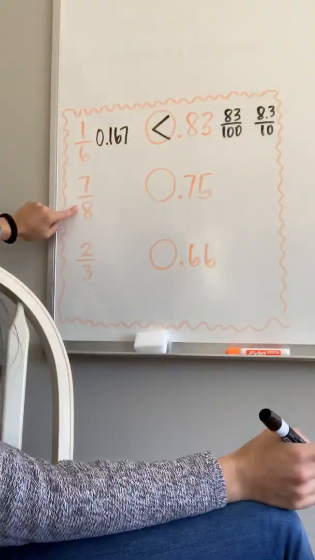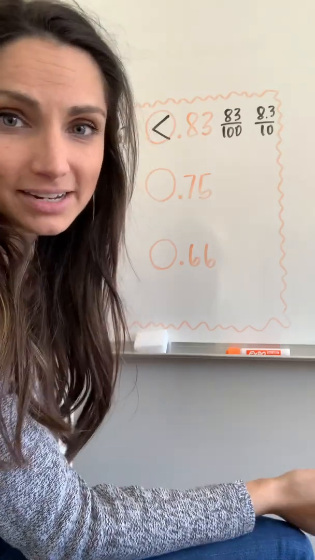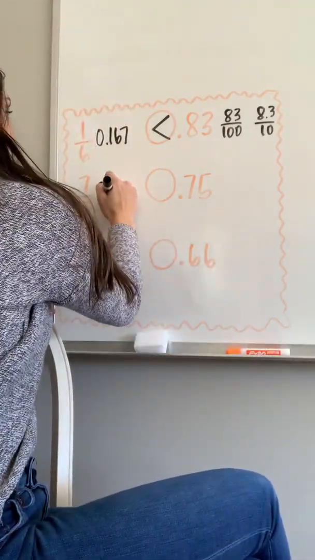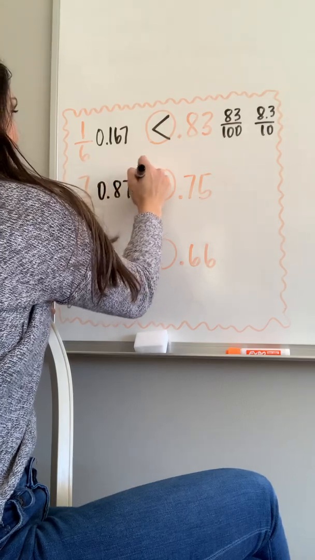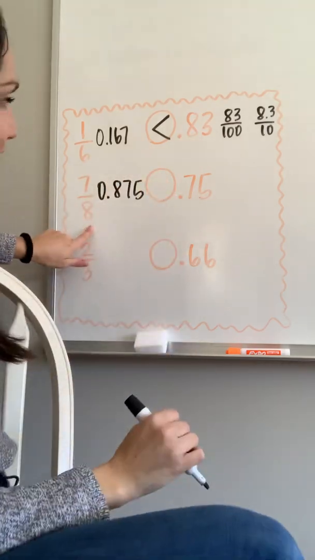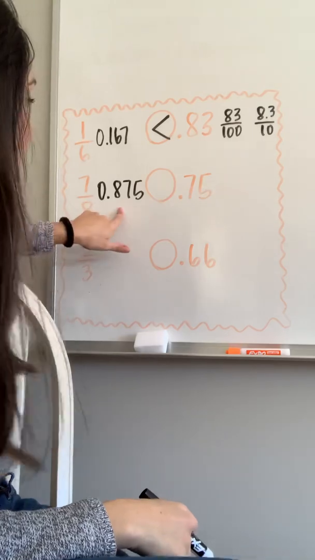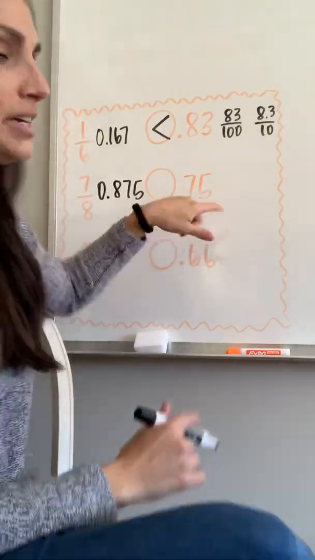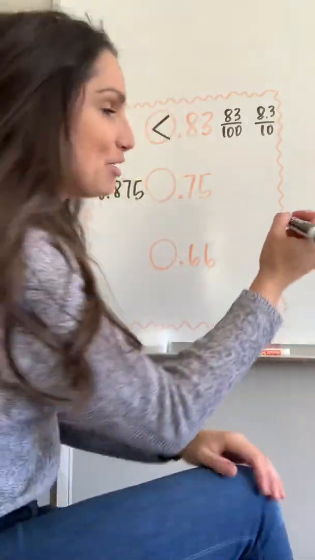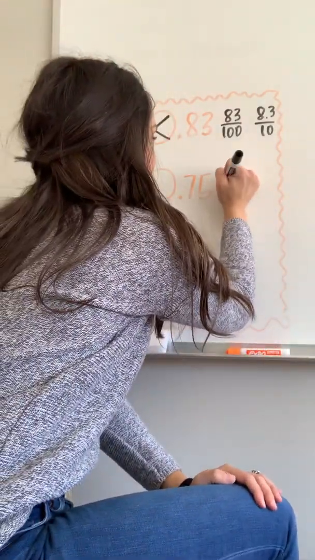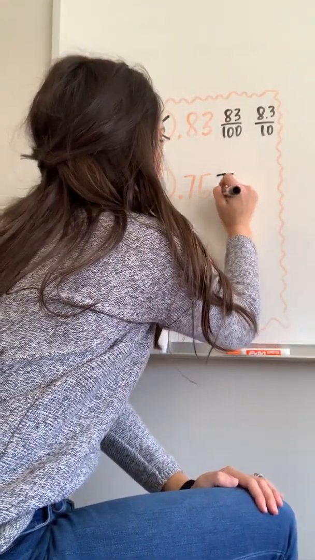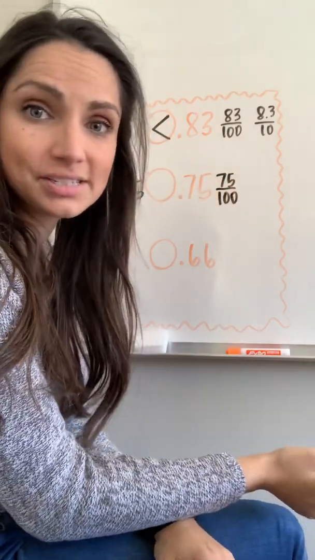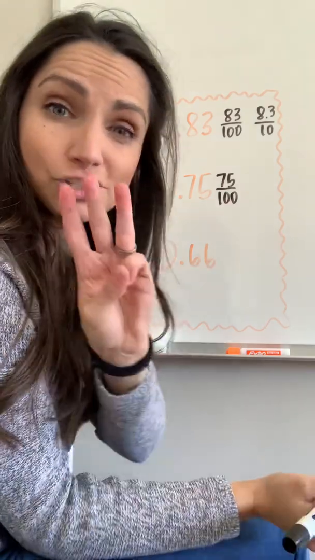So grab your calculator and do 7 divided by 8. We're going to come up with this value, 0.875. So we have 7/8 or 0.875, and we're comparing that to 0.75. 0.75 can be written as 75 hundredths. If you think of it like money, 75 cents out of $1, that's 3/4.